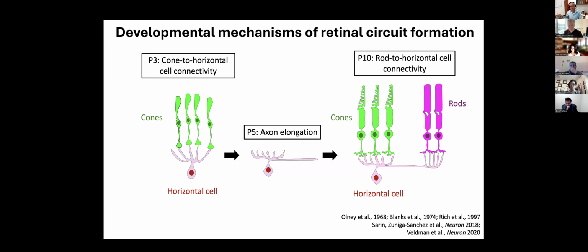So this tells us that horizontal cell connectivity to these photoreceptors occurs in a stepwise manner across development. It doesn't happen at the same time, but there's a particular order in which this happens.